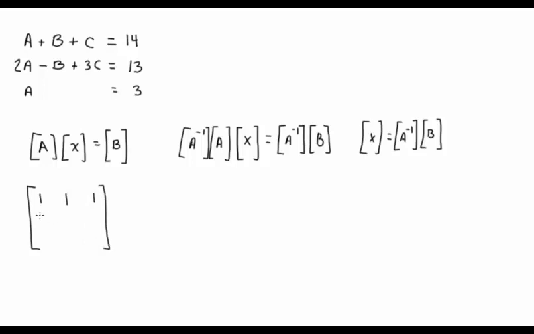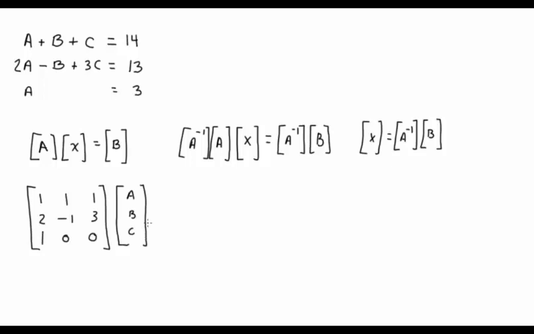The next line reads coefficients 2, negative 1, 3, and the final line is 1, 0 for the B, 0 for the C. The matrix of variables, the variables being A, B, and C as seen above.